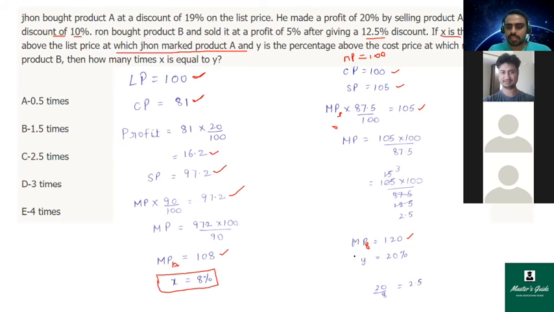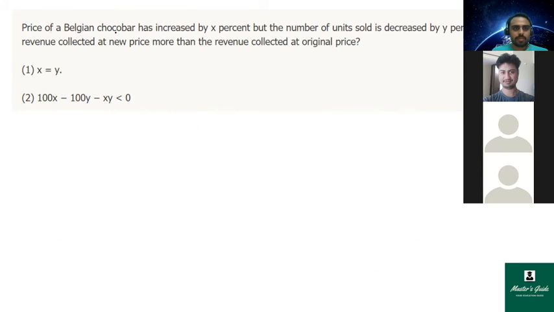X is 8% and y is 20%. Now the question is asking me how many times x is equal to y. So a into x is y. I am being asked what the value of a is. It is nothing but y by x. So if I do 20 by 8, I'm going to get 2.5. That's my answer.